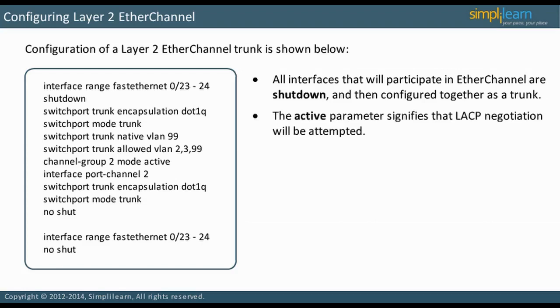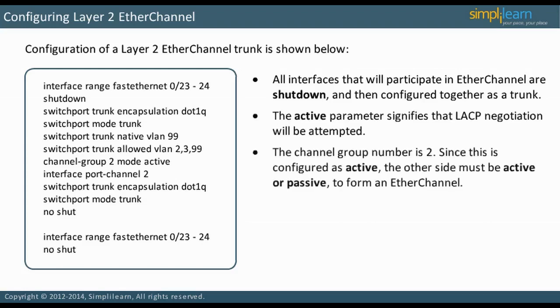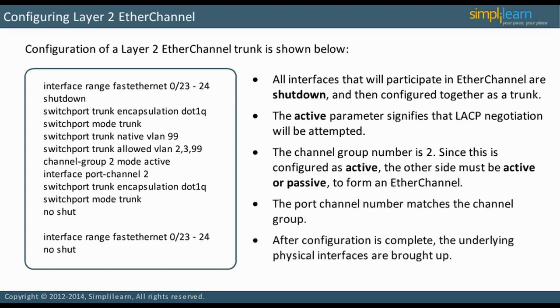The active parameter signifies that LACP negotiation will be attempted. The channel group number is 2. Since this side is configured as active mode, the other side must be active or passive mode to form an EtherChannel. The port channel number matches the channel group. After configuration is complete, the underlying physical interfaces are brought up.